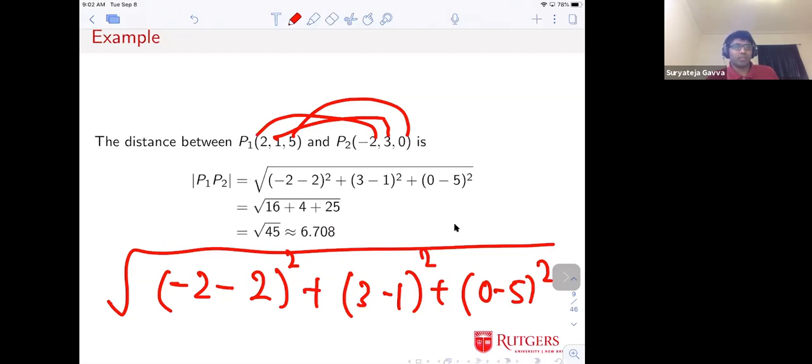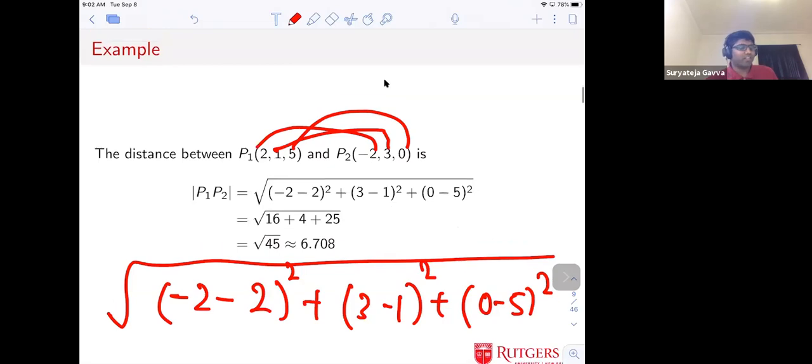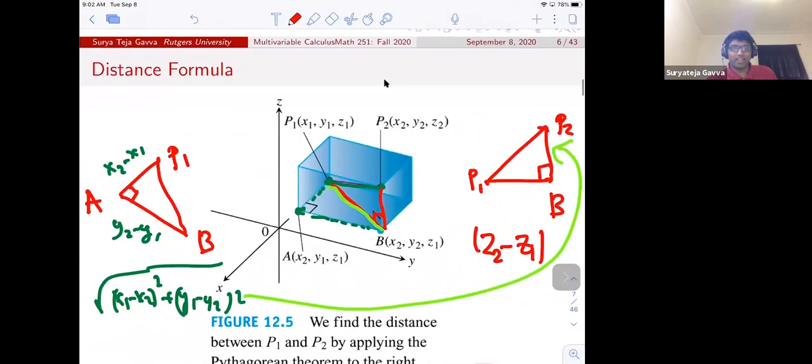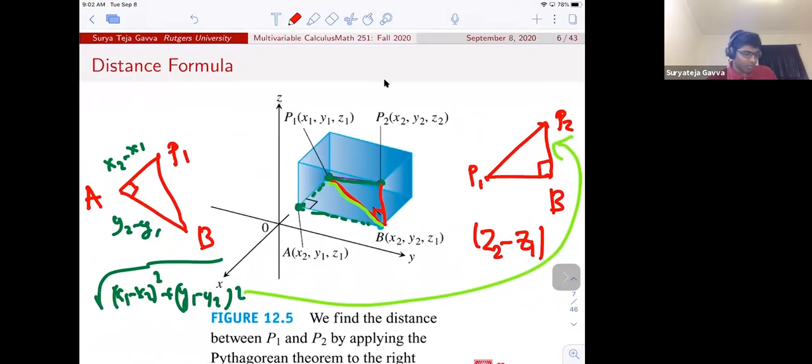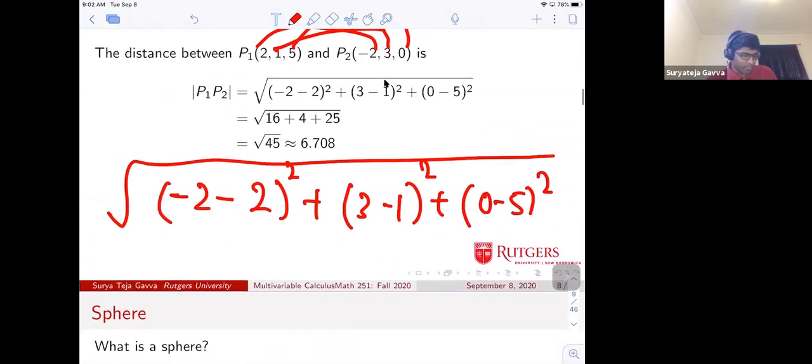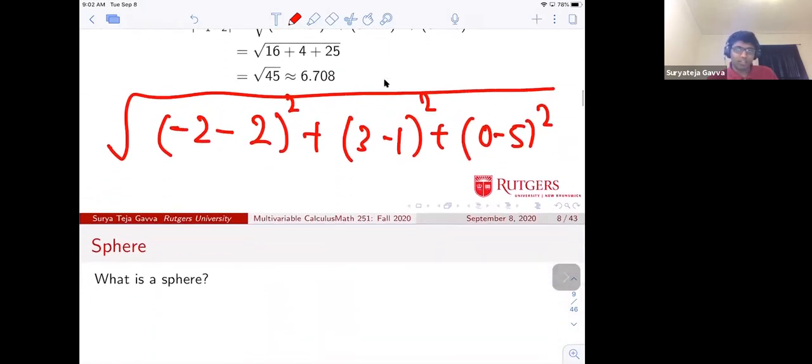Is the formula clear? I hope if you solve some problems, you'll know how to use it. I also advise you to think about the geometry of what's happening, so that you really understand why the formula is true. But at the minimum, you should know how to use the formula. Okay, let's move on.